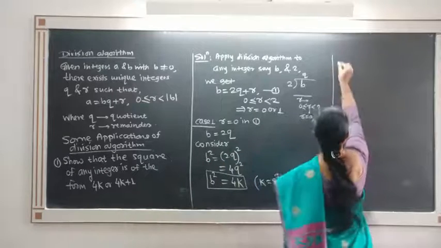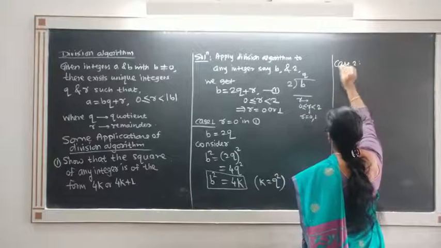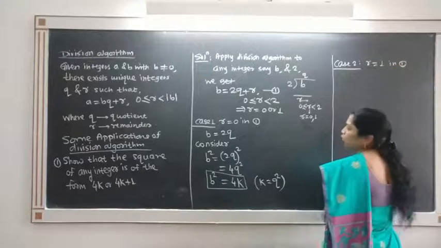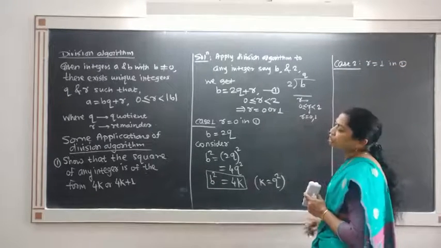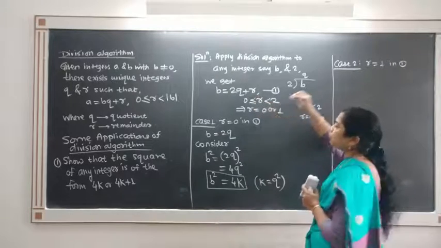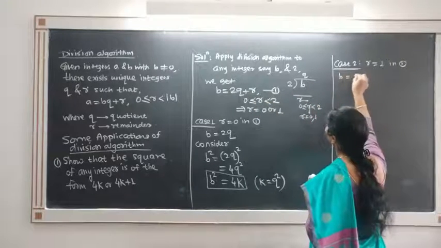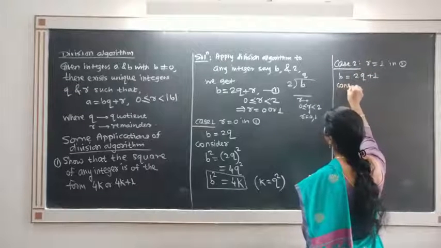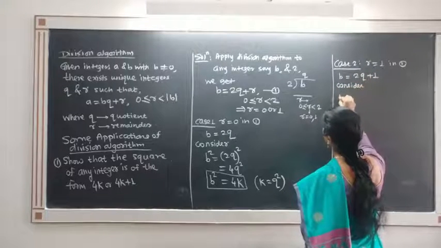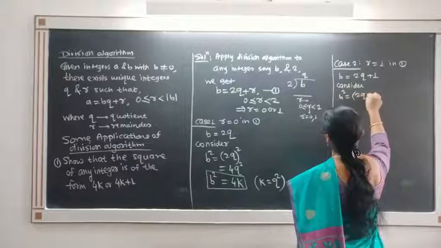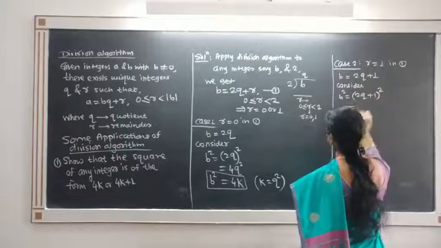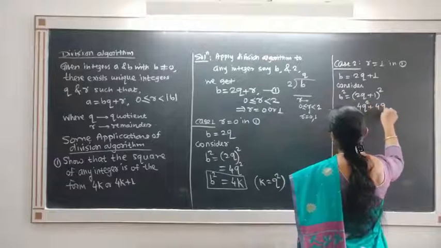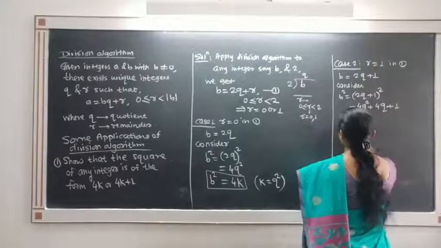Now consider the second case. Suppose we take r is equal to 1 in equation 1, because r takes either 0 or 1 value. Then we have b is equal to 2q plus 1. We want b square, so consider b square. It is nothing but (2q plus 1) whole square, which is equal to 4q square plus 4q plus 1.